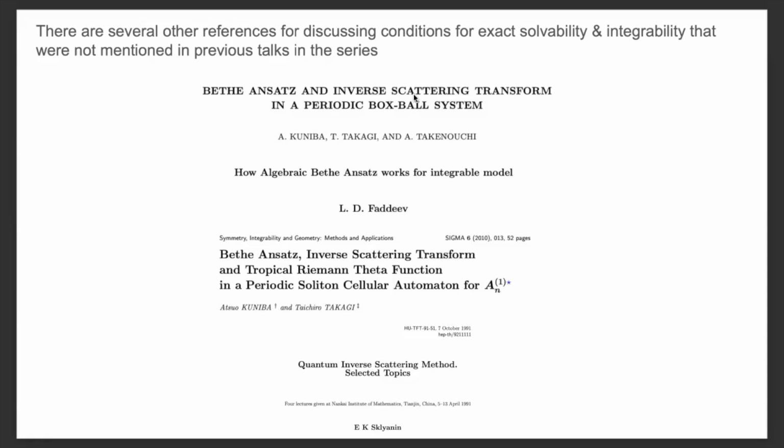And there is even other seminal work from Faddeev in which he talks about other aspects of the algebraic Bethe ansatz and how those conditions relate to integrability. So we can see how all of the presentations and themes that we've been bringing up throughout the series are coming together and offering a rich set of connections between different areas, and how you can start mostly from a discrete probability perspective.